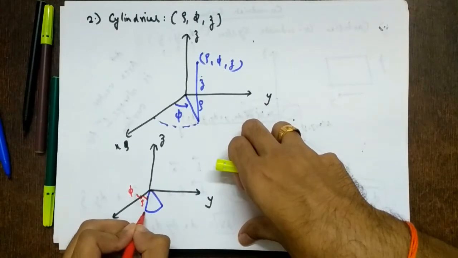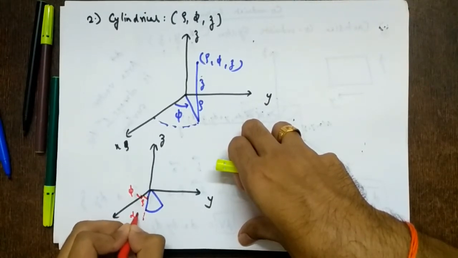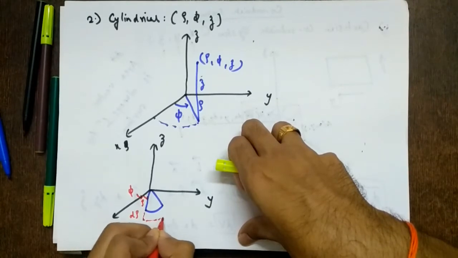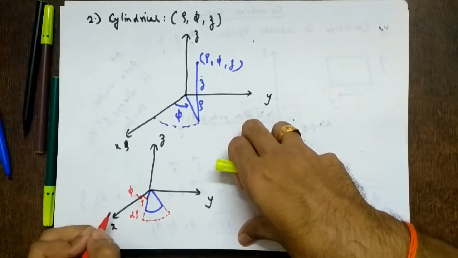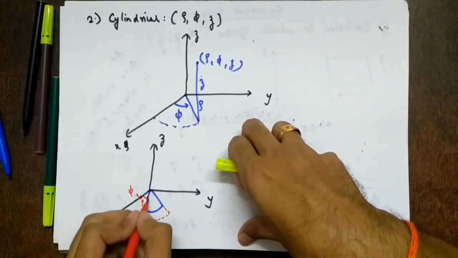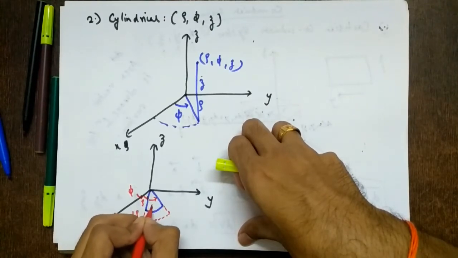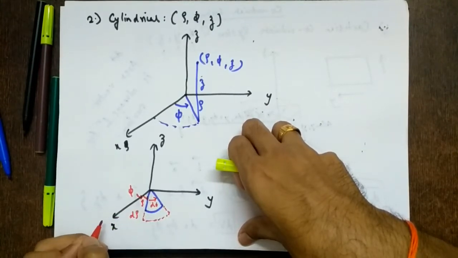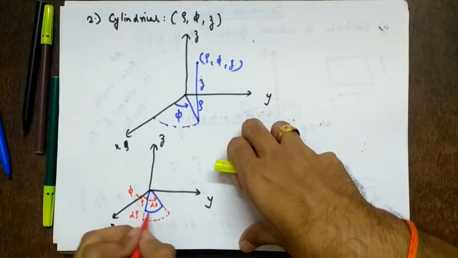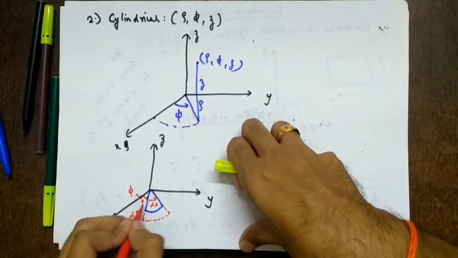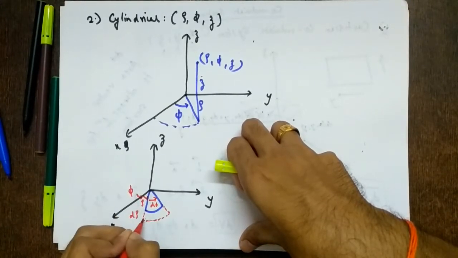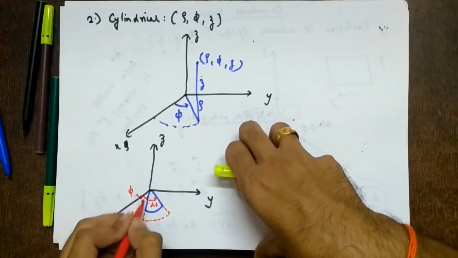So now let's say I move a very small distance along this radius. So this will be what? D rho. So this will become like this, right? And I have moved from this first initial point a very small angle d phi, right? So what will this be? It is an arc, right? So from basic mathematics, you know arc will be length into angle.